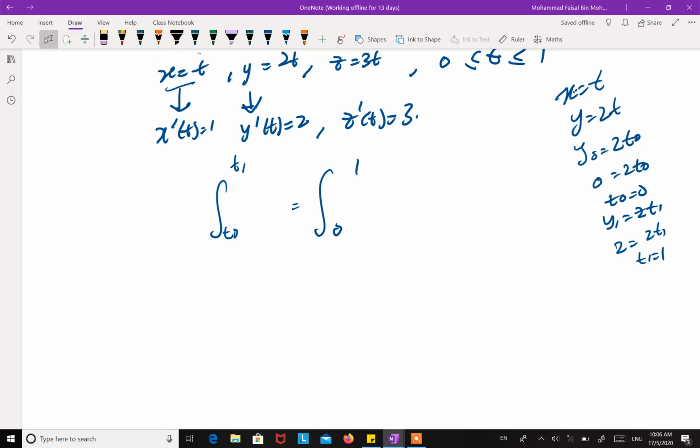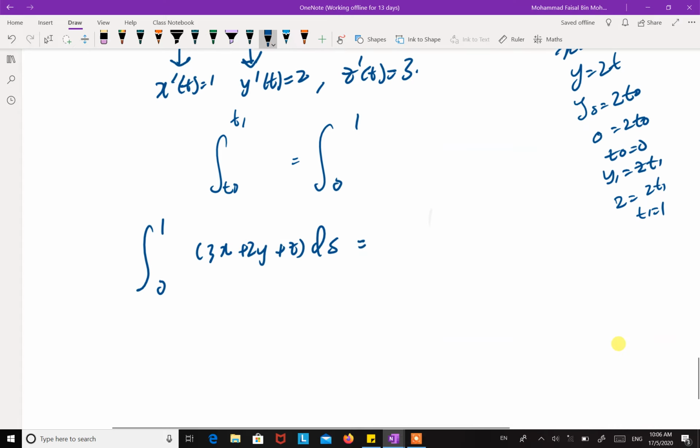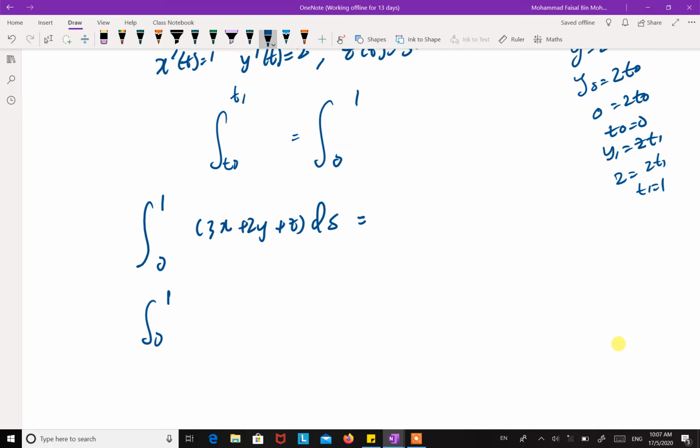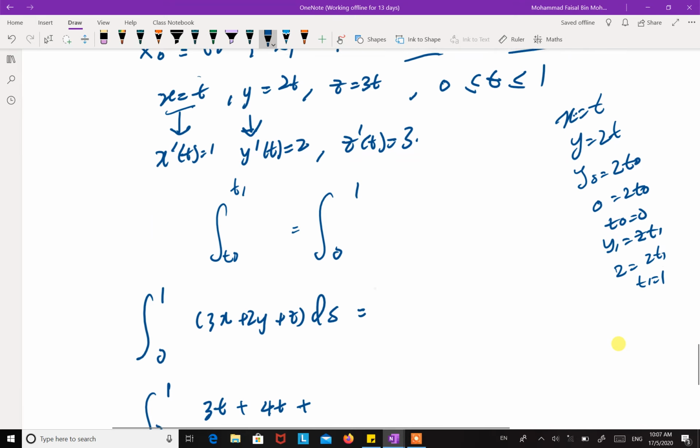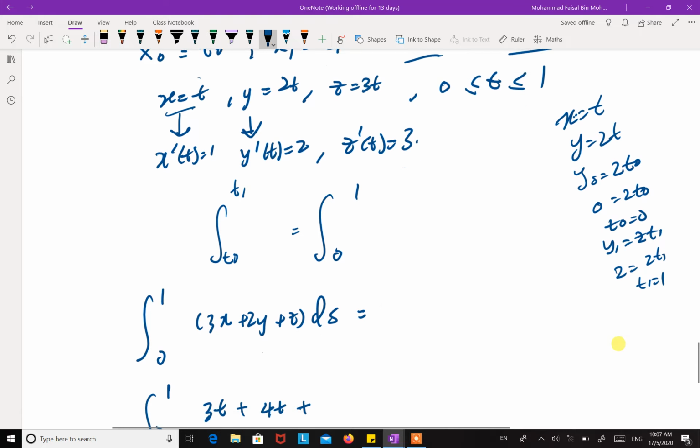So the line integral becomes the integral from 0 to 1 of 3x plus 2y plus z ds, which is equal to: 3t, since your x equals to t, y will be 2t, so that is 4t, plus z equals to 3t.